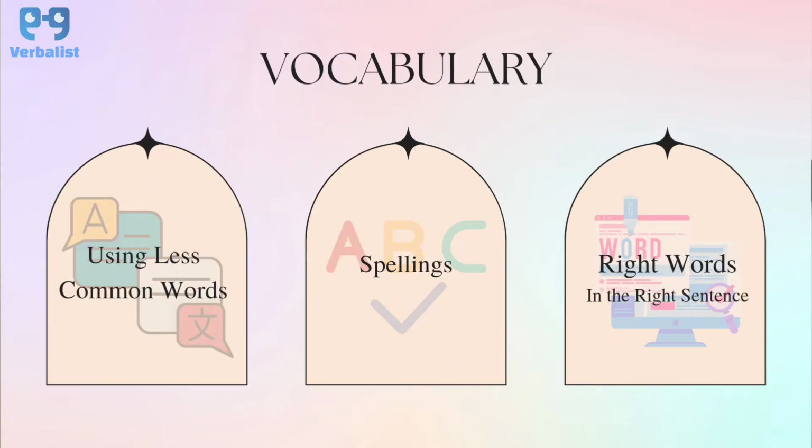Okay, so the next thing that you need to check in this area is your spellings and also whether your word choices are correct. So for this, you need to develop the skill of vocabulary. You can't really check your own vocabulary unless you have reached a certain level. So just make sure that you constantly keep improving, and I've done videos that tell you how to increase and improve your vocabulary. The third aspect in vocabulary here, which is probably the most important, is paraphrasing.